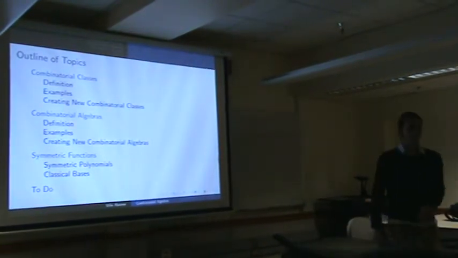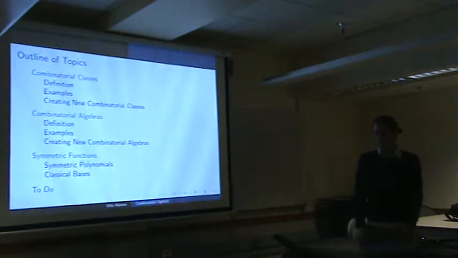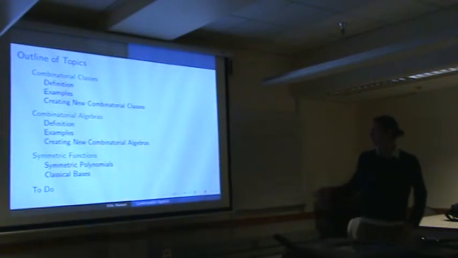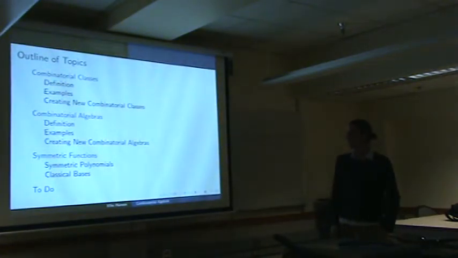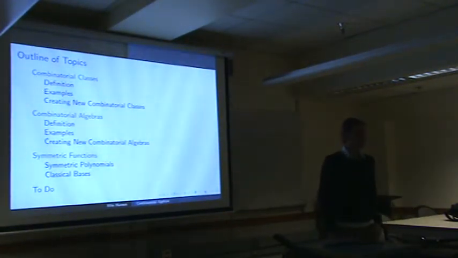As a brief overview, I'm going to talk about combinatorial classes, which is a vague term we'll use for any set of combinatorial objects. I'll give a definition, some examples, and show you how to create new ones in Sage. Then I'll go over combinatorial algebras, what they are, give a few examples, and show how to create new ones within Sage.